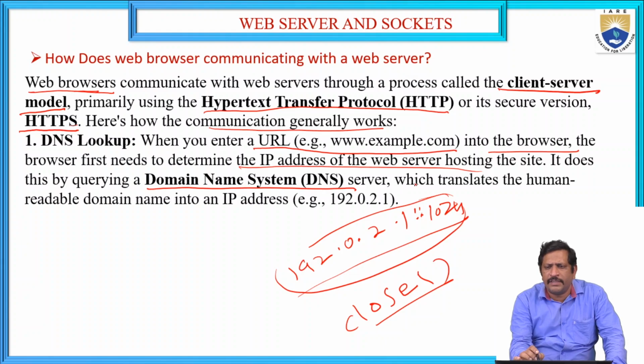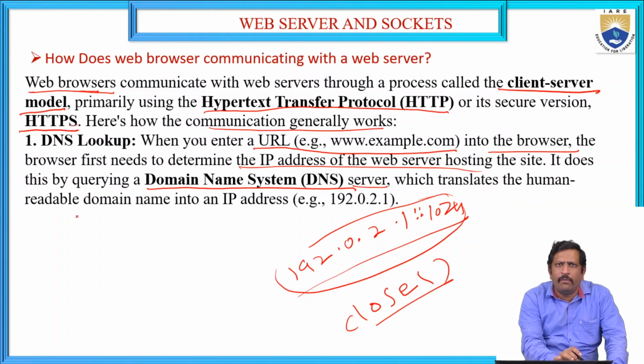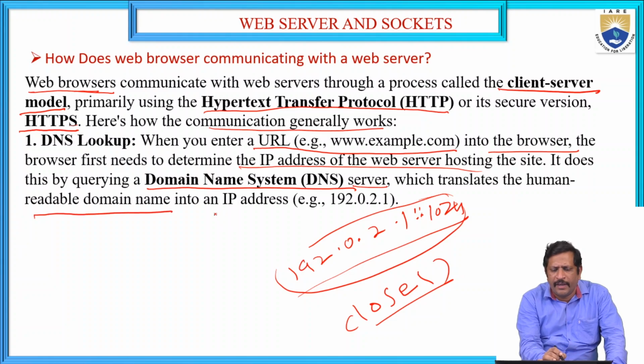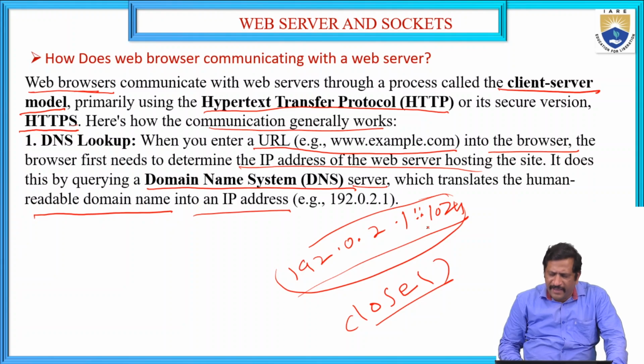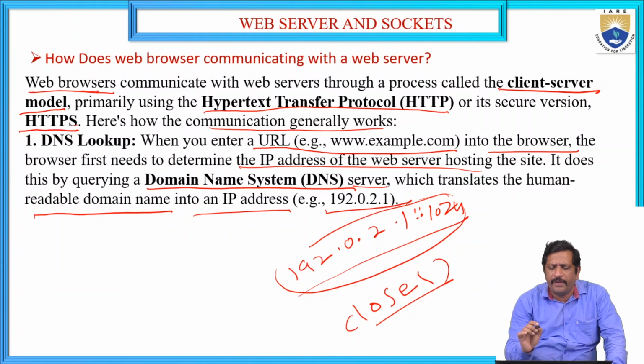This Domain Name System server translates the human readable domain name into the IP address. Whatever the human readable domain name is, it will be translated into the IP address, that is 192.0.2.1. So this is the IP address.